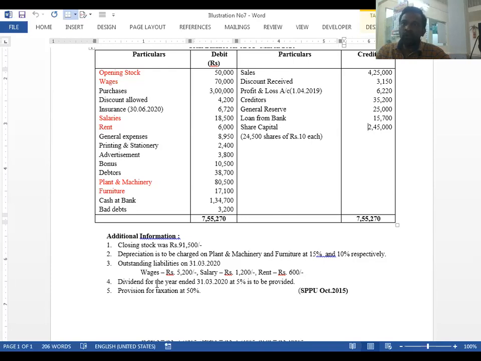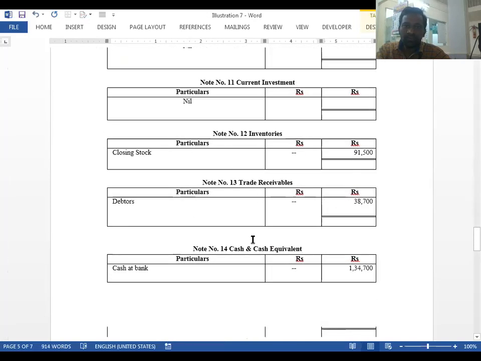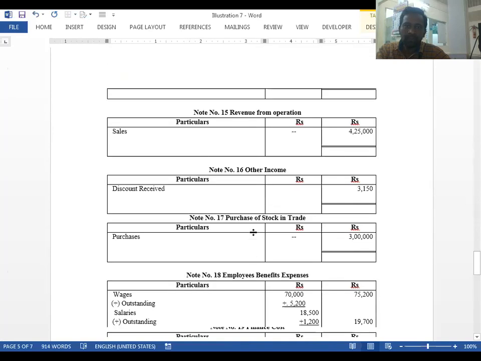That's why without calculating the profit figure of the business organization, it is not possible to record these two adjustments. So before recording them, we need to close the profit and loss account, and that's why we close all the notes related to the profit and loss account.